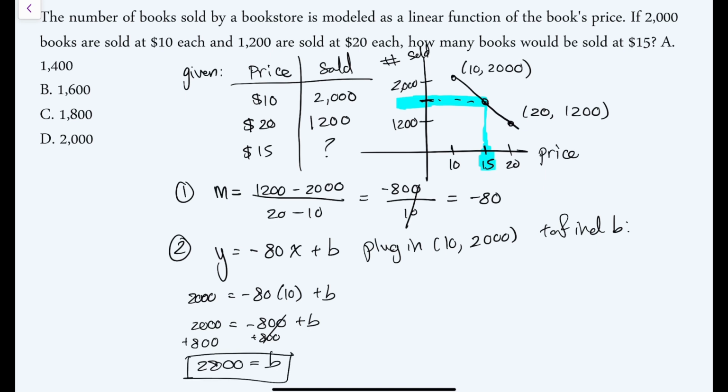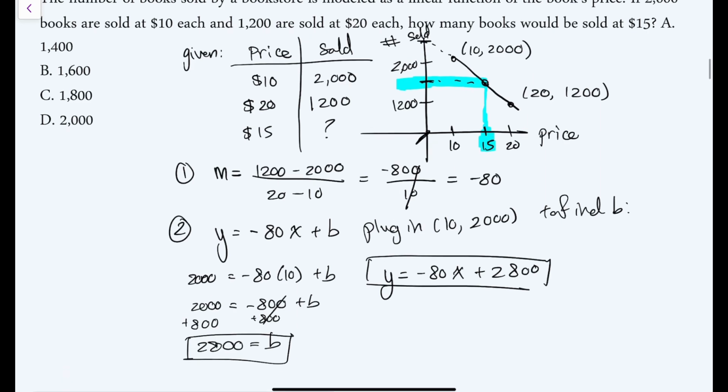Essentially, what this b value says, if we were to extend it here, if the price is $0, 2,800 books would be sold. But that's irrelevant for this problem. Our problem simply says, okay, well, if the price is 15, how much is sold? So let's describe this linear function. Well, y is going to equal our slope, negative 80x plus b, so plus 2,800 is our equation. Okay?